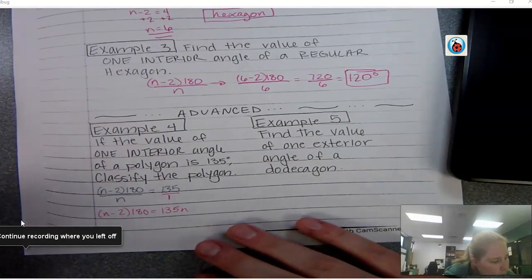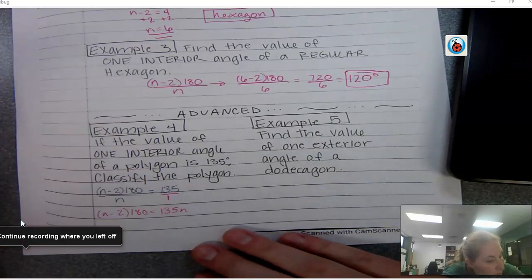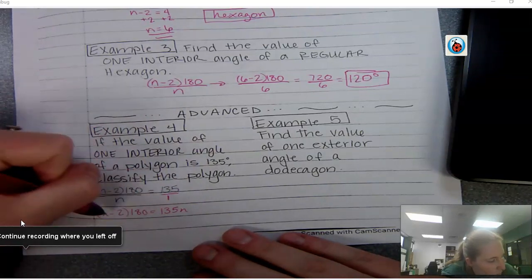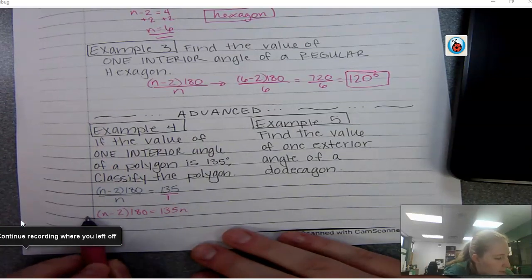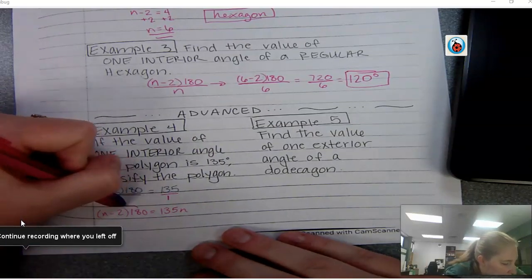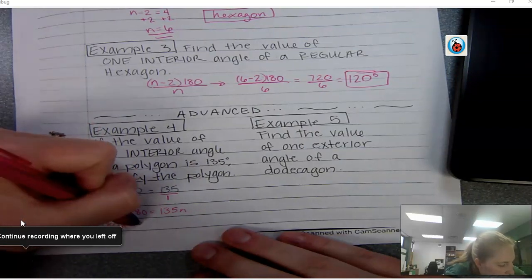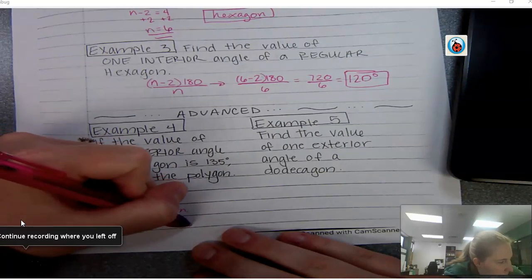So this will look a little bit different, because when we solved one similar to this, we're going to go ahead and distribute. And I know it looks weird because the 180 is on this side of the parentheses. Usually it's over here, but it doesn't matter. So we're going to do 180 times n minus 360, and that's going to equal 135n.